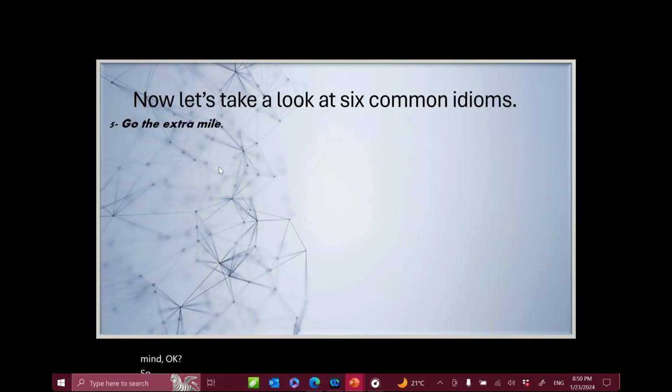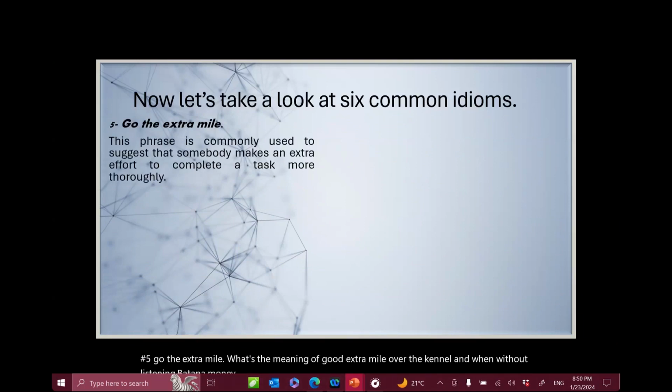number 5, go the extra mile. What's the meaning of go the extra mile؟ وهو ده كان العنوان بتاع listening بتاعنا. معناه ايه go the extra mile؟ This phrase is commonly used to suggest that someone makes an extra effort. يبقى to go the extra mile it means to make extra effort to complete a task more thoroughly. فاكرين في الليسننج لما جينا قلنا انه التيم بتاعنا is working at full speed, like they are going the extra mile to resolve the problem so soon.